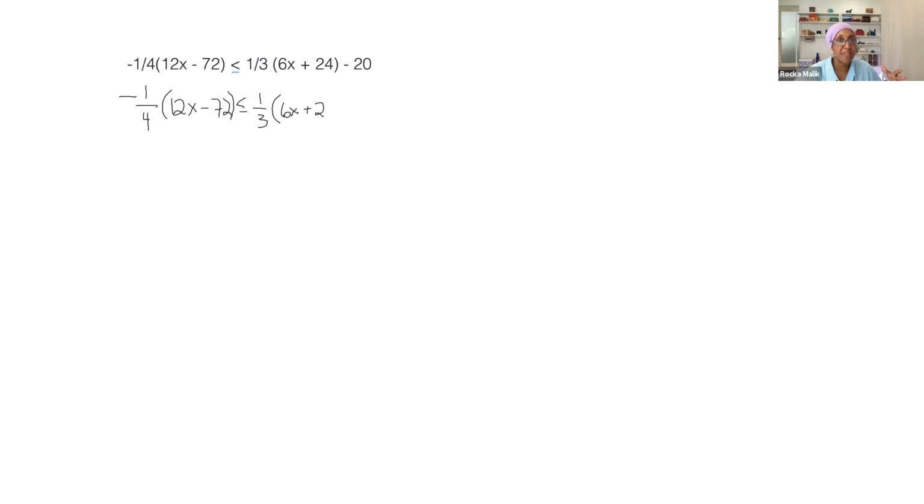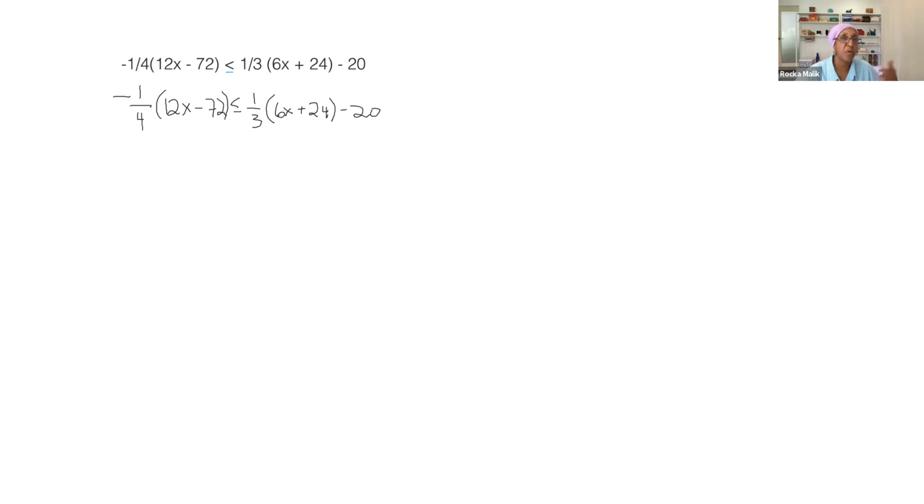So you could multiply the whole thing by a number that 4 can go into and 3 can go into to get rid of the fractions. The smallest number you can think of that 4 will go into and 3 will go into.